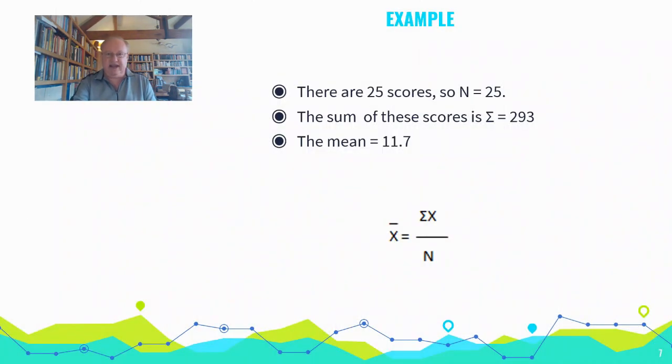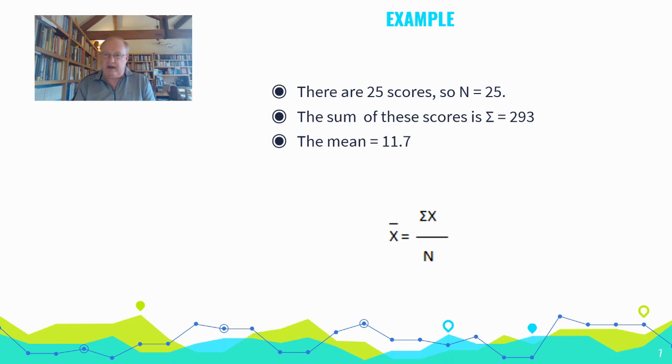Now, here is an example. I've got 25 scores. So N equals 25, because there were 25 test takers taking the test. Now, when I add all of their scores up, the sum is 293.